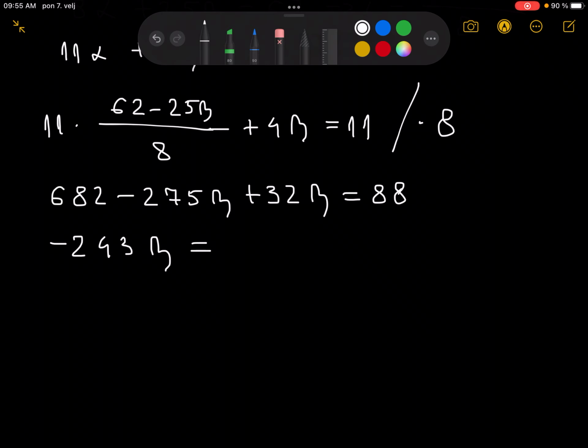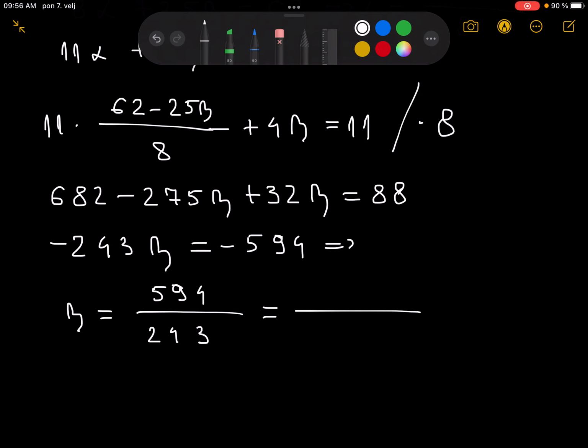So from here it follows that beta is equal to 594 over 243. Now let's just go ahead and try to simplify this fraction a little bit. So 594 is divisible by 9, so that's the same as 66, and 243 is also divisible by 9, so that's equal to 27.